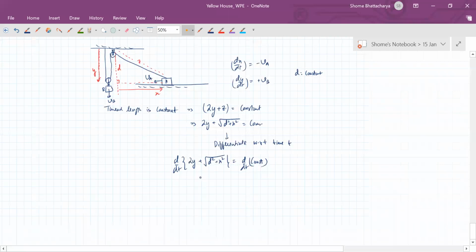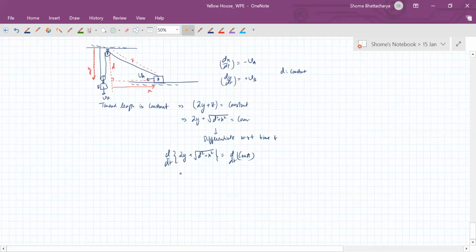So for differentiation, this is the plus differentiation with respect to time of this thing, d square plus x square. So this is where we'll use chain rule, and on the other side this is 0. Okay, so 2 times dy by dt plus, now apply chain rule.